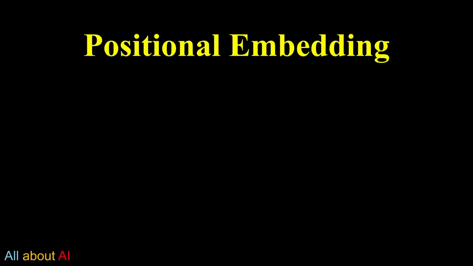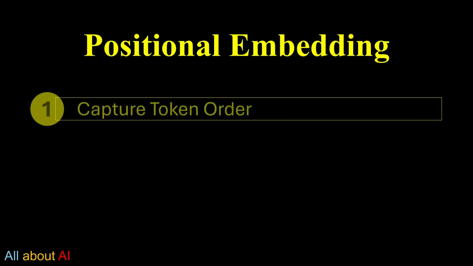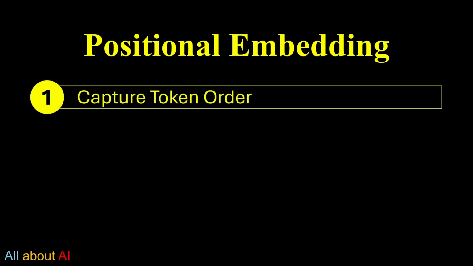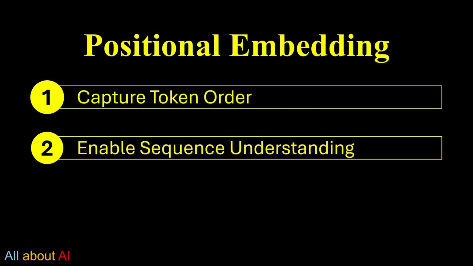Now, let's take a look at positional embedding. First of all, why do you need positional embedding? It serves two purposes. One, capture token order, and the second one is enable sequence understanding. The main background is that transformers or other LLM models process all tokens in sequence and also simultaneously using self-attention. That's why inherently those are order agnostic.